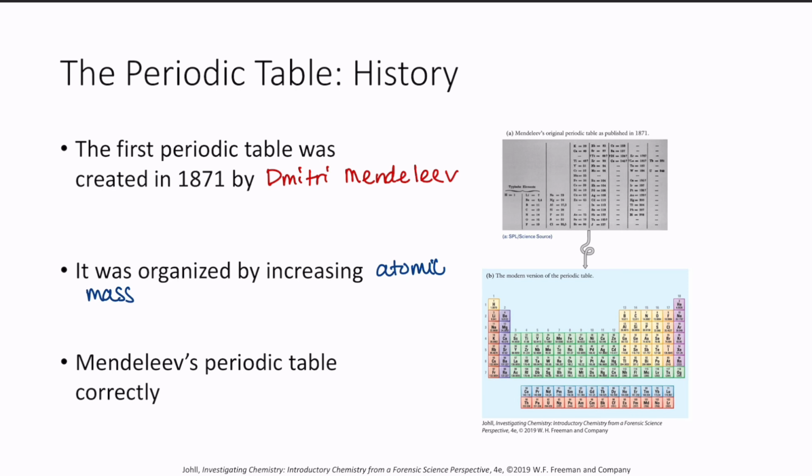This was very important because it created gaps, and that way you could know what you were looking for. Mendeleev's periodic table correctly predicted the properties of elements that hadn't been discovered yet.